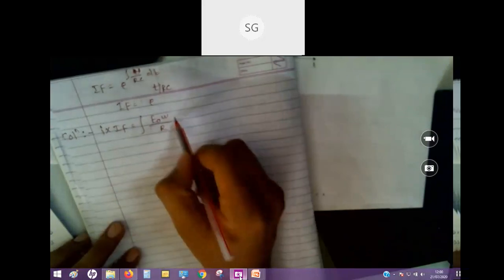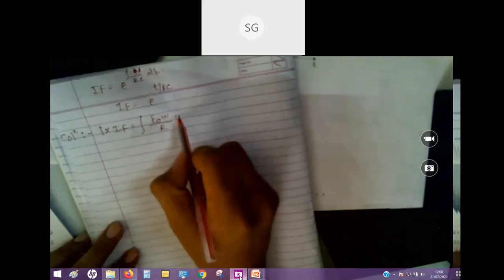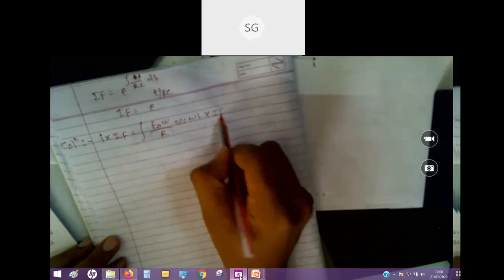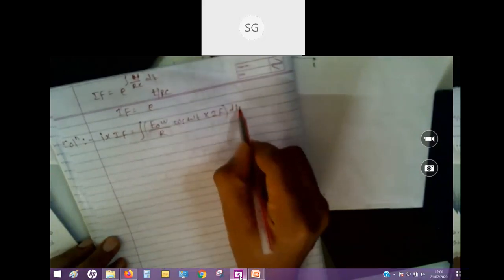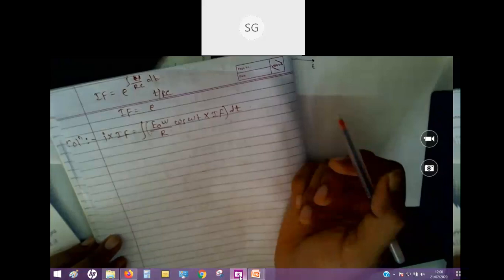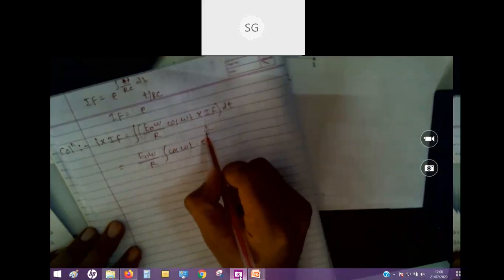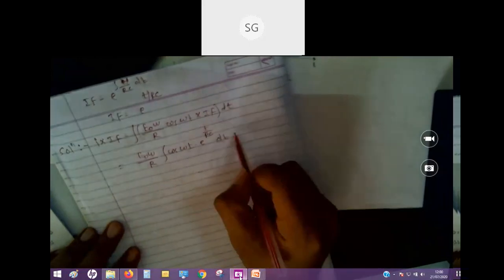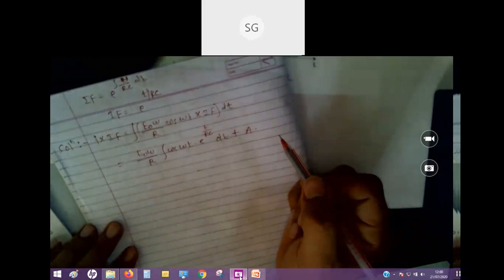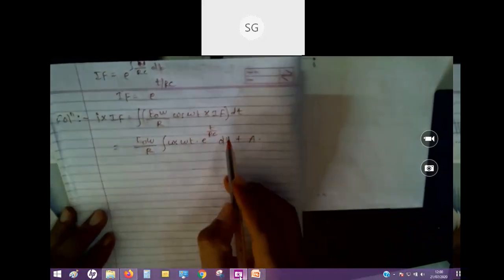So it becomes E naught omega by R times the integral of cos omega t into e raised to t upon RC dt, plus the constant of integration. Are you getting this step?